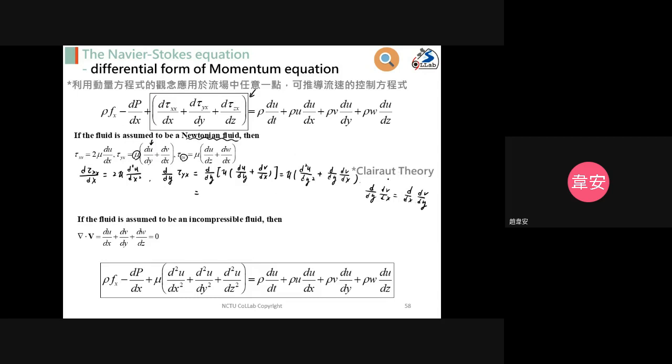It's just based on the Clairaut theorem, so we can exchange the order of derivatives. So we can rewrite the equation finally as μ ∂²u/∂y² plus μ ∂/∂x ∂v/∂y.